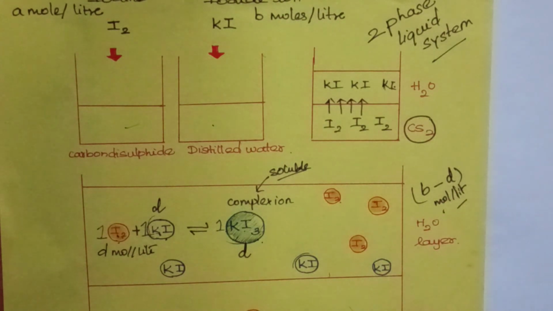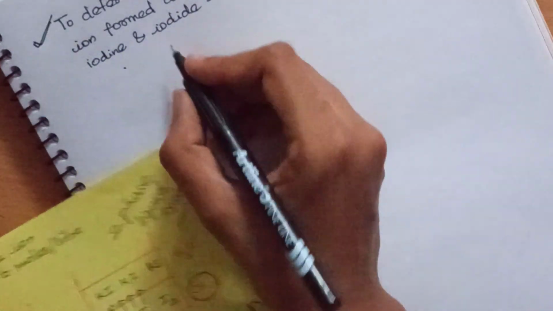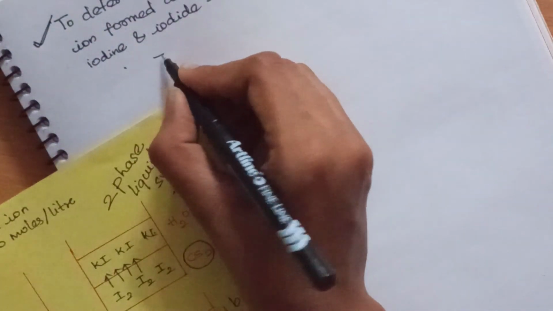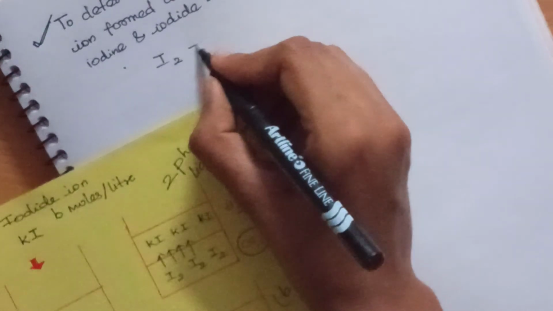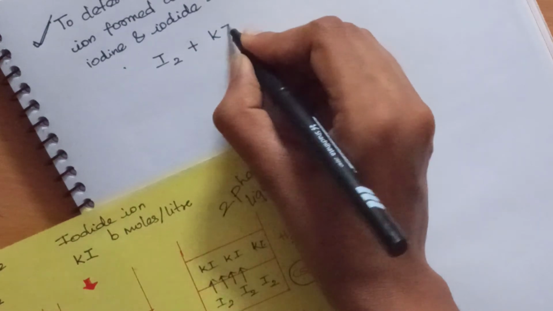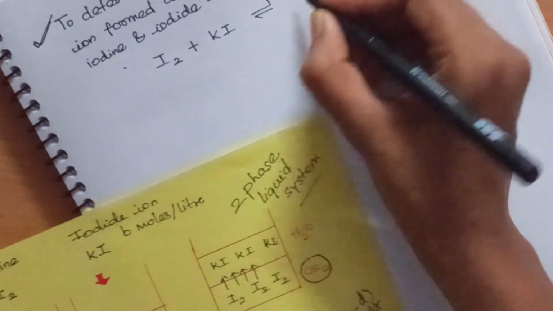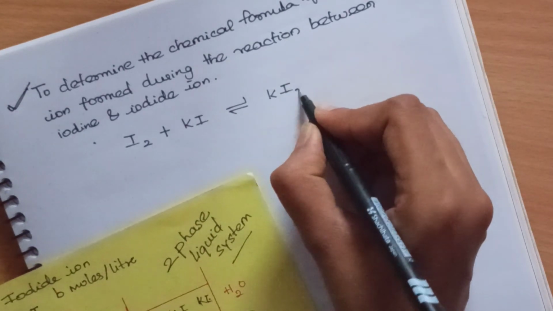So with this, we can calculate the chemical equilibrium. The chemical equilibrium is given by the formula; I will write it here. This equilibrium is written here again: iodine combines with potassium iodide to form the complex ion.